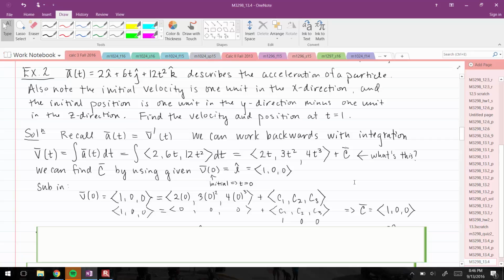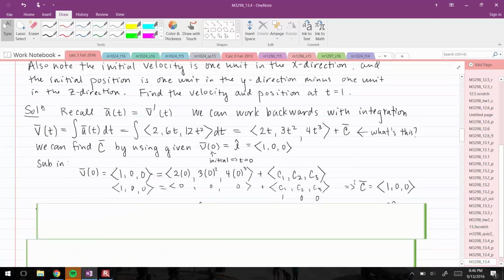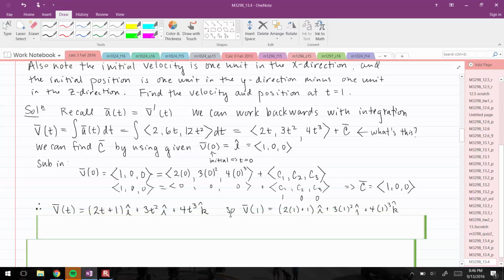We're trying to find the velocity at t equals 1, but we also need to find position. So let's keep going. Actually, I suppose we should write this together. I sort of forgot about that. With the constant c written together, notice it's 1, 0, 0.